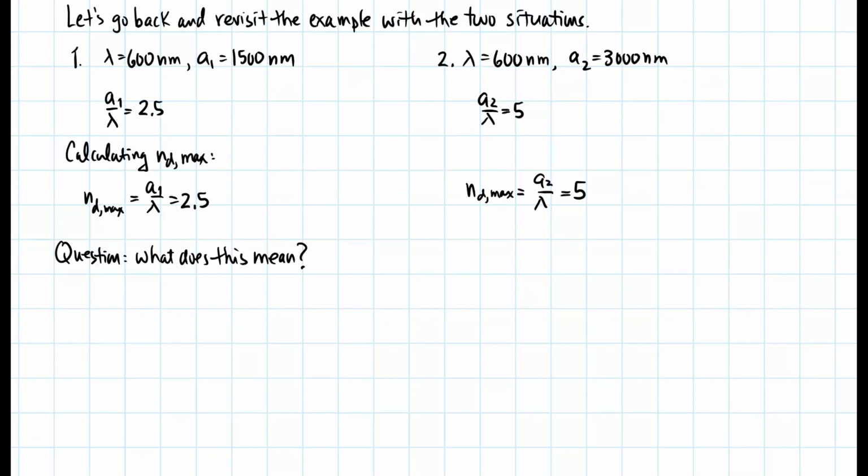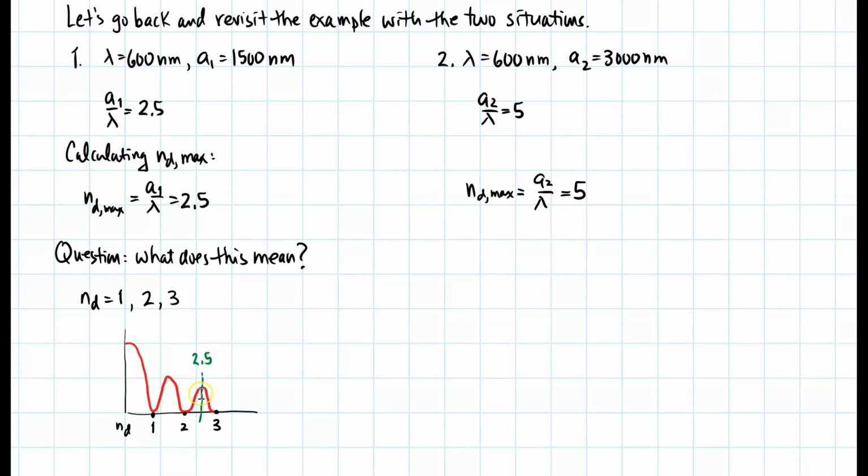The question is, what does this all mean? If I look at this, I want to look at nd equal to 1, 2, 3. So if I draw the diffraction pattern, note that I'm only drawing half of it, I got 1, 2, 3. So the question is, where is 2.5 at? The value 2.5 is between 2 and 3, of course, but it's closer to a maxima than a minima. So when you go back and you look at the applet, why was there a maxima for the nd equal to 2.5?